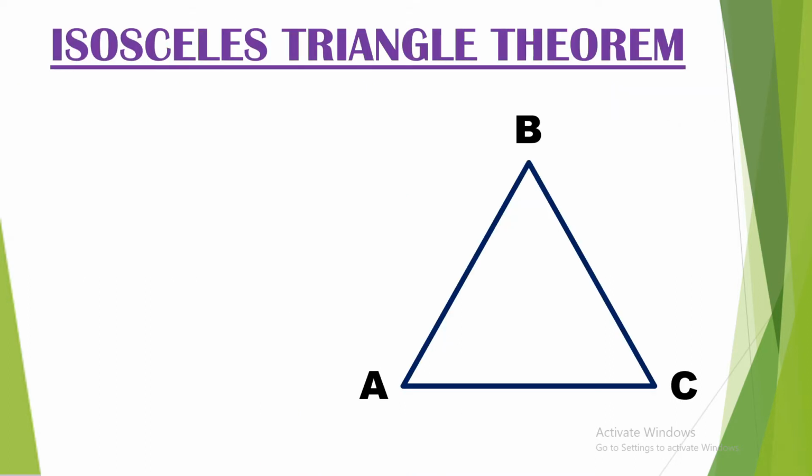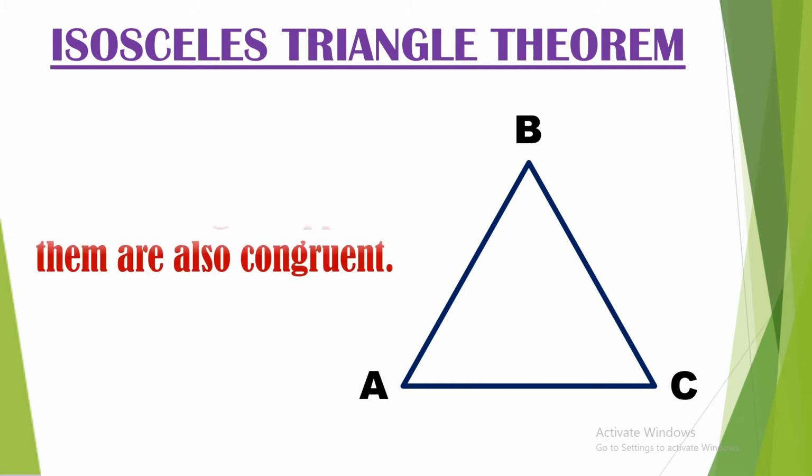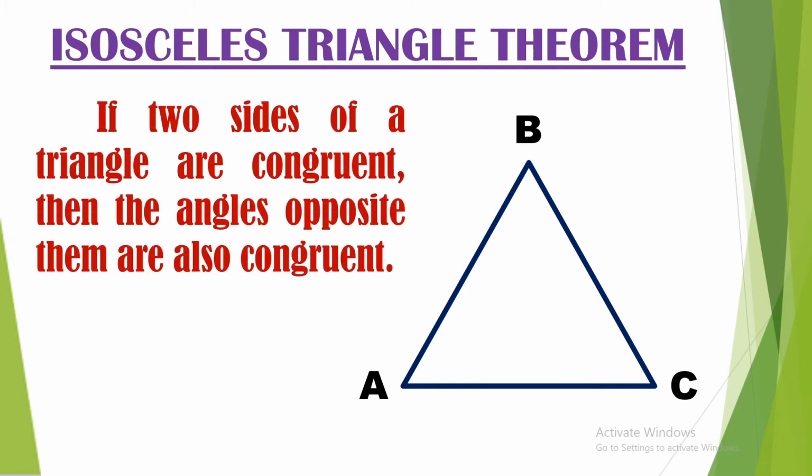Next, we have what we call the isosceles triangle theorem, which states that if 2 sides of a triangle are congruent, then the angles opposite them are also congruent. So, in triangle ABC, if say for example, segment AB is congruent to segment BC, then the angles opposite those 2 segments are also congruent.